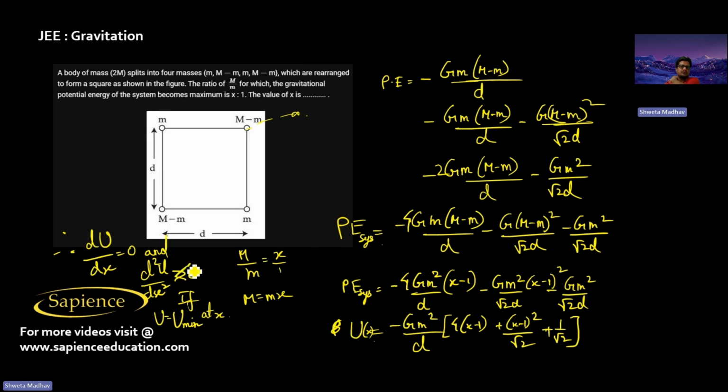So d square by d x square should be less than 0. Okay, so here d by dM should be equal to 0.